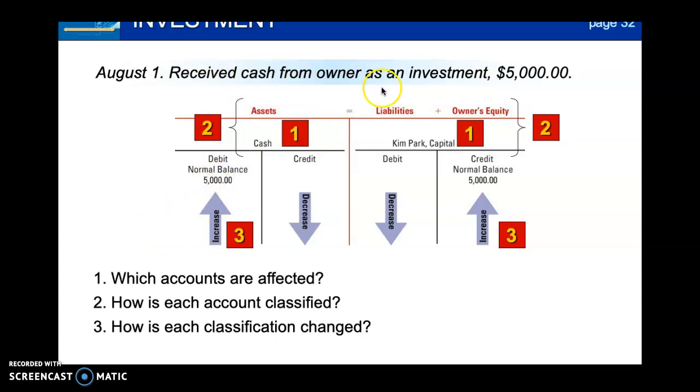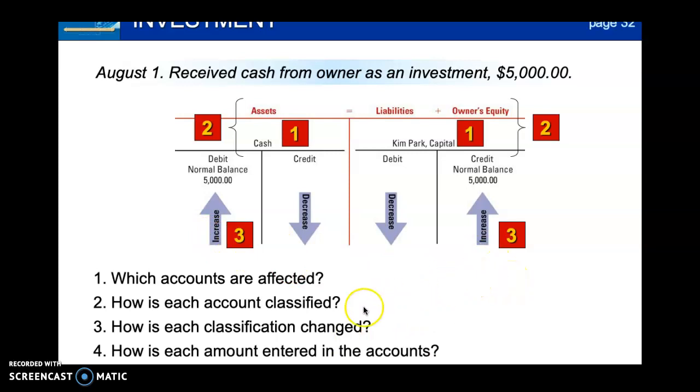If you receive cash from the owner as an investment, we went from having 0 ownership in our business to now having $5,000 worth of capital in our business. So our owner's equity has increased. How did this transaction affect the accounts? They both increased.